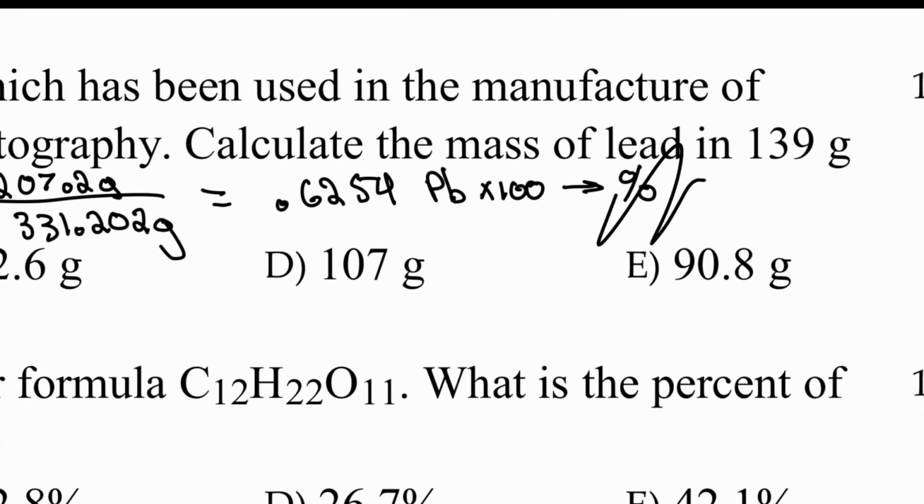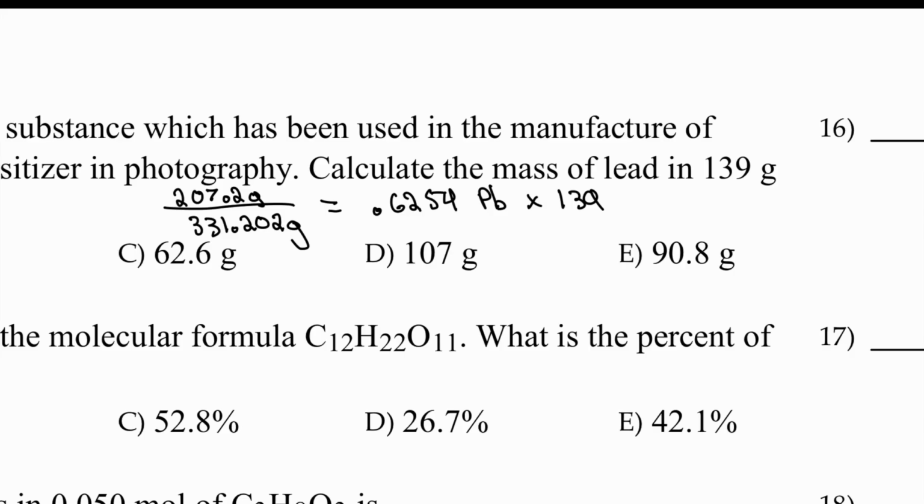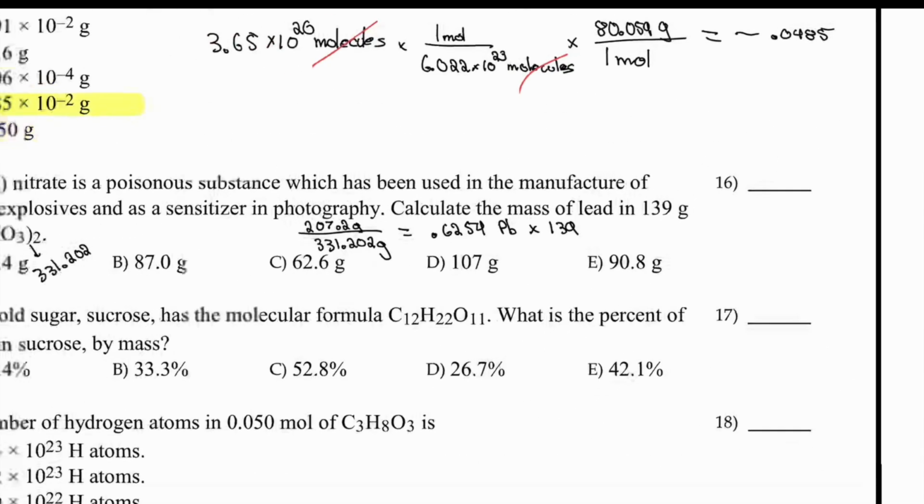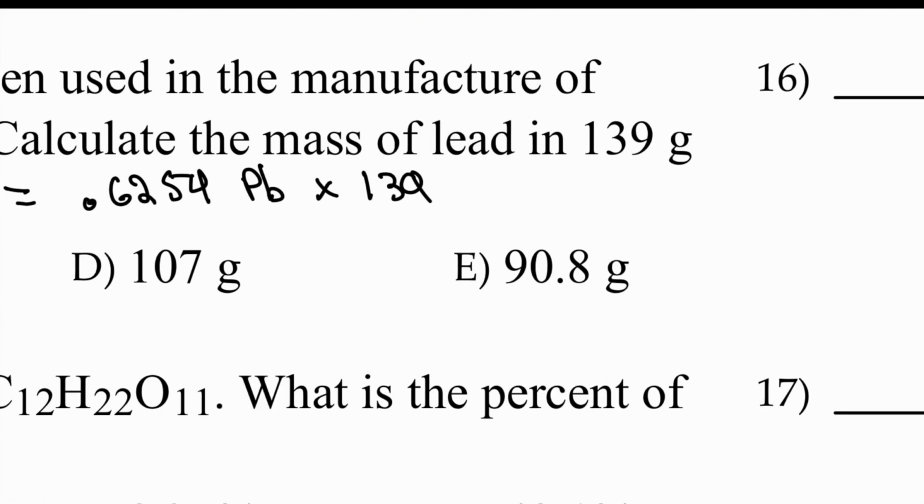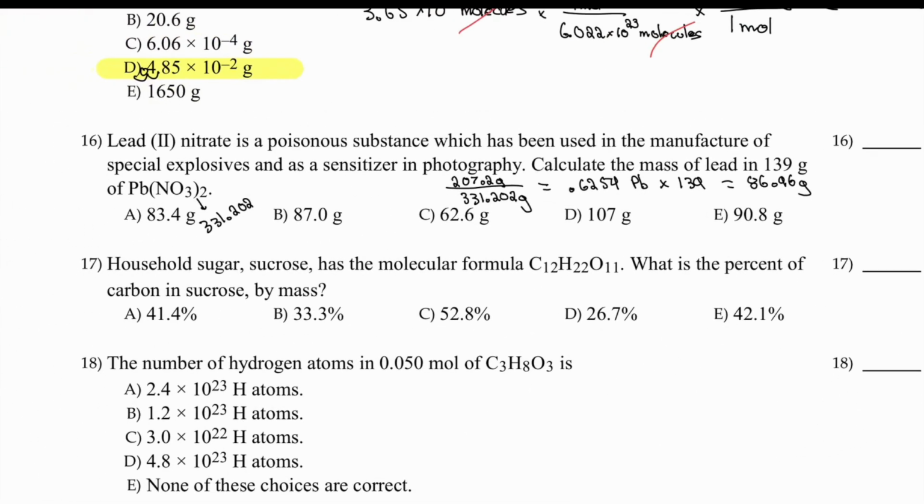So we want to multiply by 139 to figure out how much mass of lead is in the 139 of our substance. We will get 86.96 grams, which will round to 86.9. It's going to round up to B. Sorry, I stumbled a bit there. I was just looking at something else.